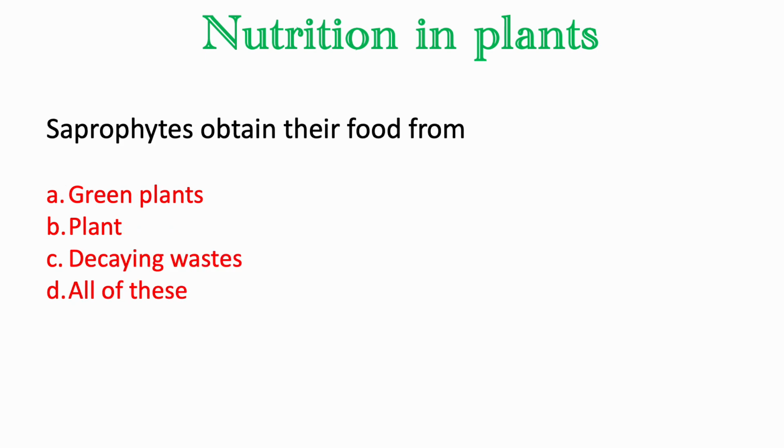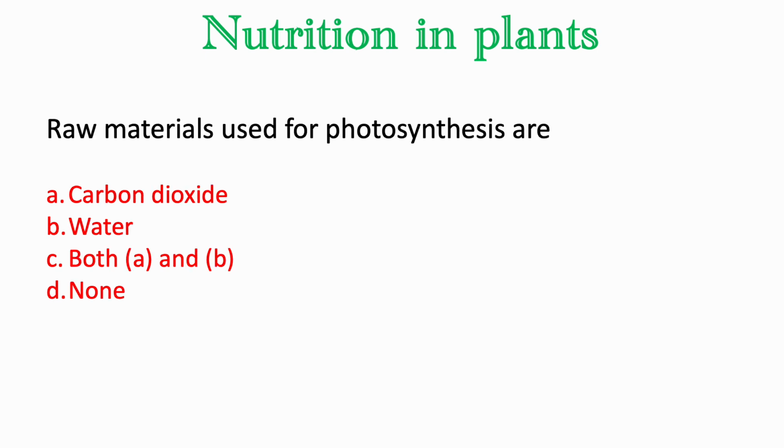Next, saprophytes obtain their food from green plants, plants, decaying wastes, all of these. Correct answer is option C, decaying wastes. Next, raw materials used for photosynthesis are carbon dioxide, water, both A and B, and none.